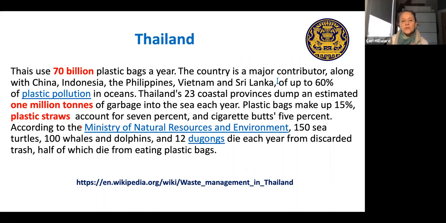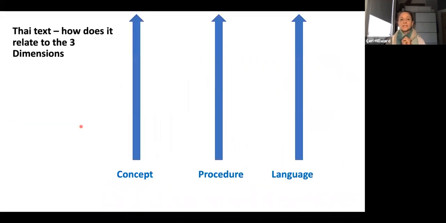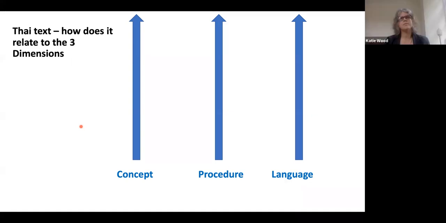Also, let's look at the text we just had. How does it relate to the 3 dimensions? Imagine we're teaching teenagers at B1 level. Would the language in the text be challenging or easy? What do you think, Katie? Some of it's fairly challenging.